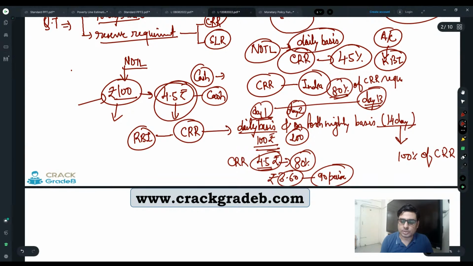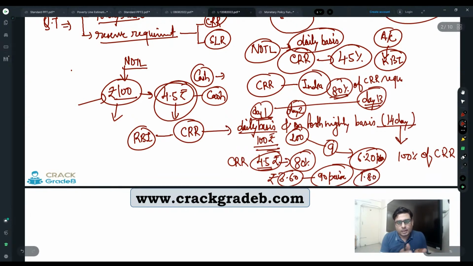That means the cash reserve requirement is going to be 9 rupees. But the bank need not maintain 9. The bank can maintain only 80% of 9 rupees, which is 7 rupees 20 paise. The rest of the money, 1 rupee 80 paise, is free.